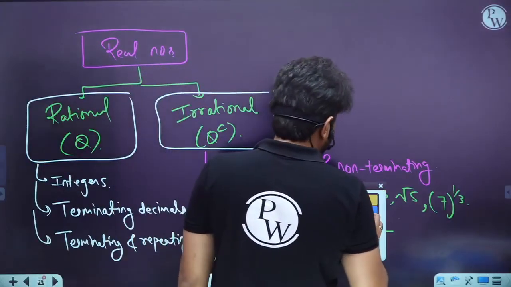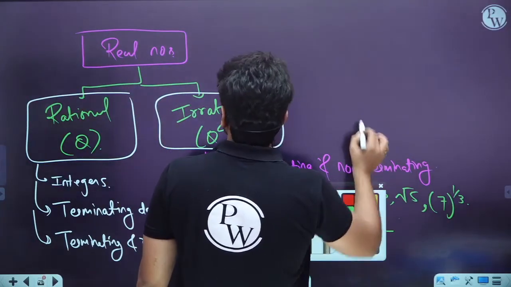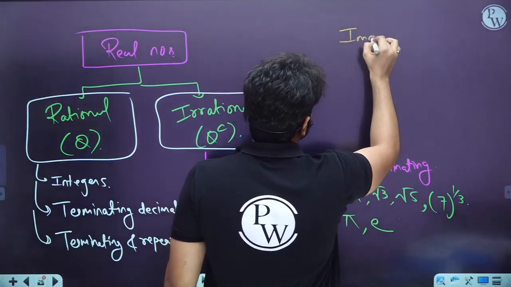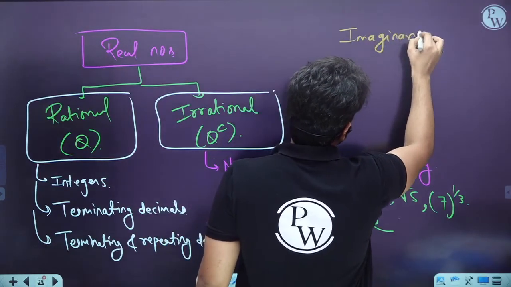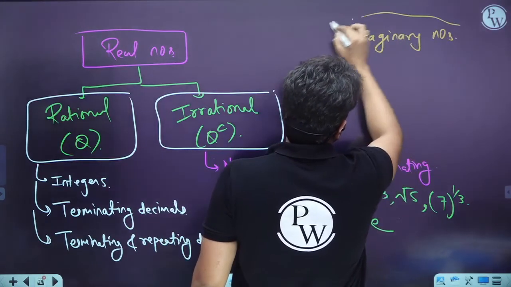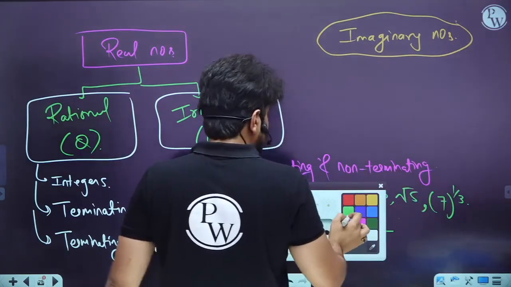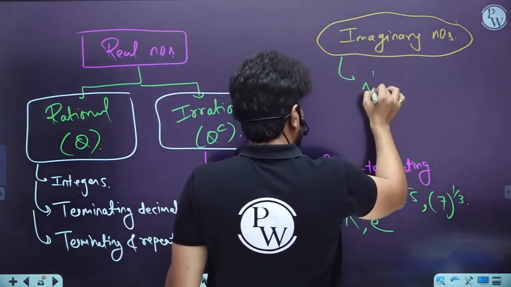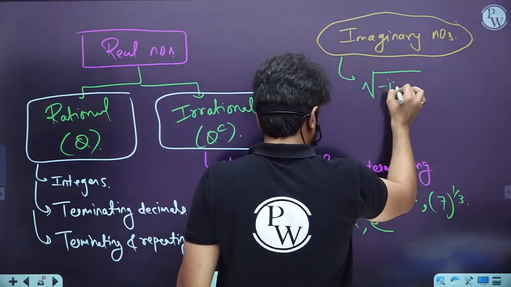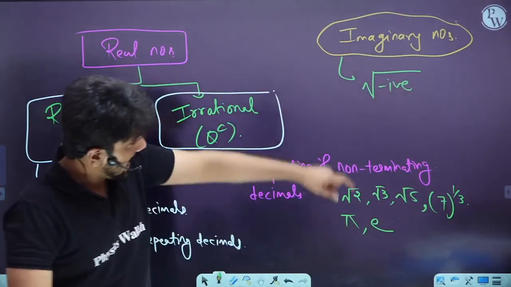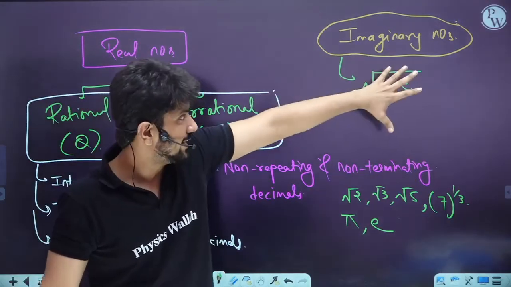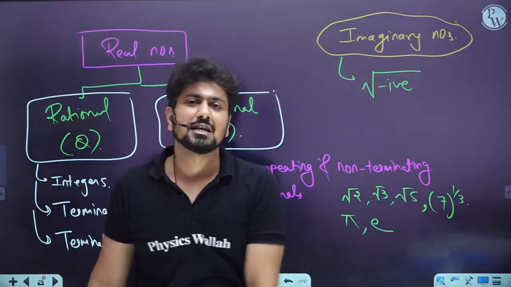What are imaginary numbers? See, imaginary numbers are those numbers in which we have a negative inside the under root. If we have a negative number inside under root, that number is known as an imaginary number.